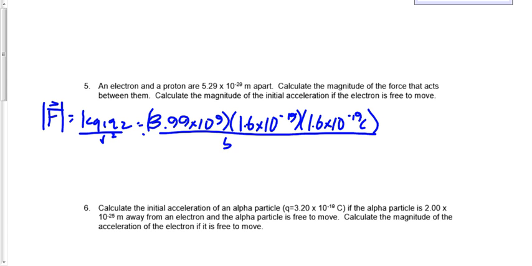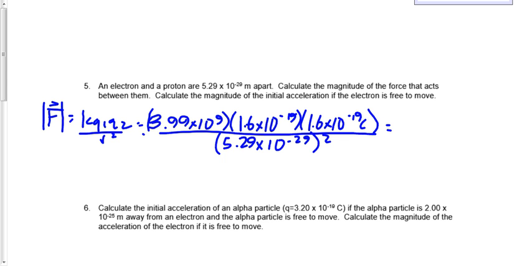R is, man, that's such a small number. Would we expect to get a big number or a small number here for the force? Those are small charges, but, man, is that ever a small distance? I would expect a big number for force here when you're that close together. What has a bigger factor?